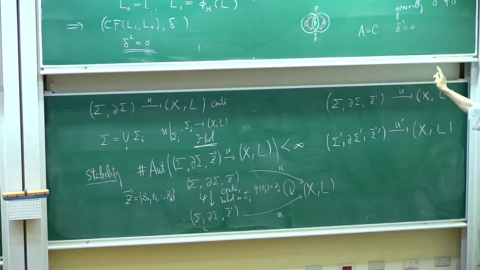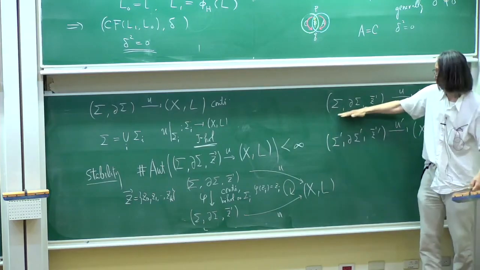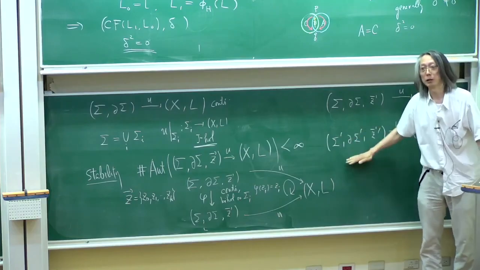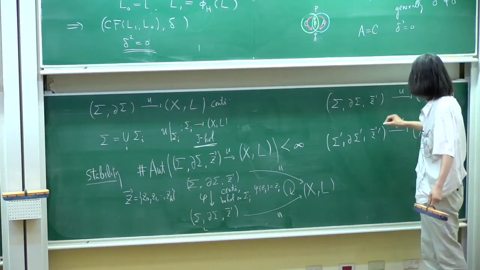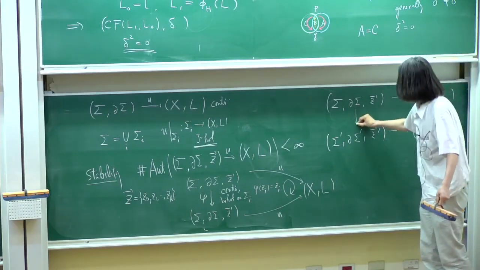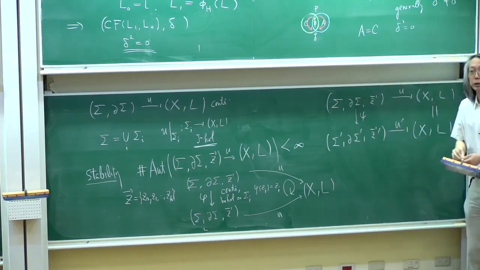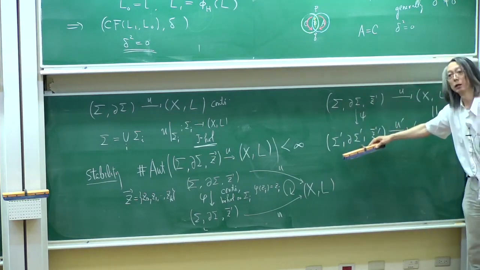When do you identify them? We identify them if you have a mapping from here to here, some psi which sends this one to this one.